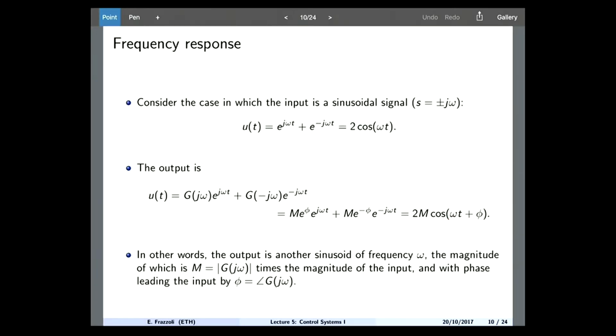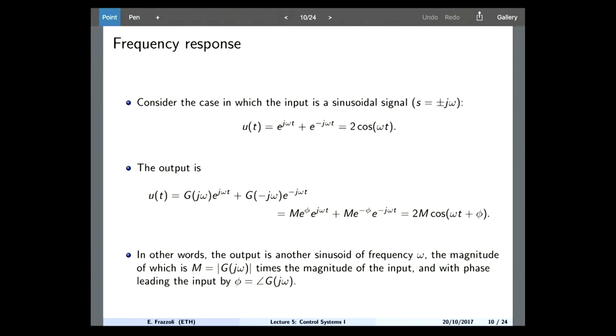So now what you see is that we put 2 cosine of omega t as an input. At the output, what we get is another sine wave whose magnitude is scaled by m, where m is the magnitude of the transfer function at j omega, and whose phase is changed by phi, where phi is the argument of the transfer function at j omega. Okay?